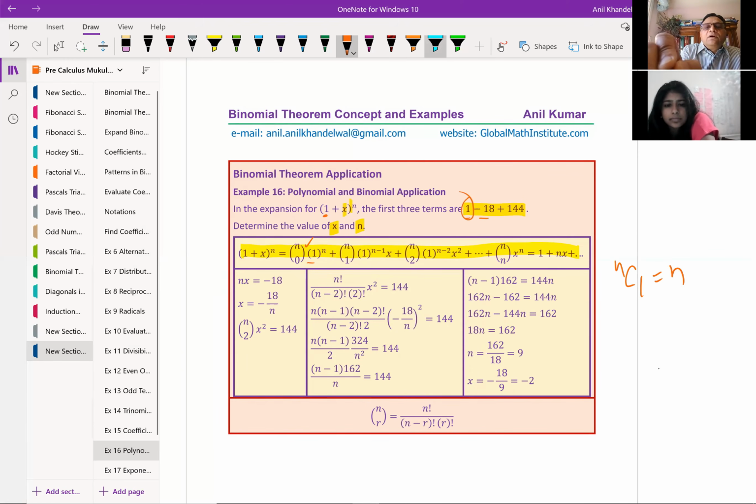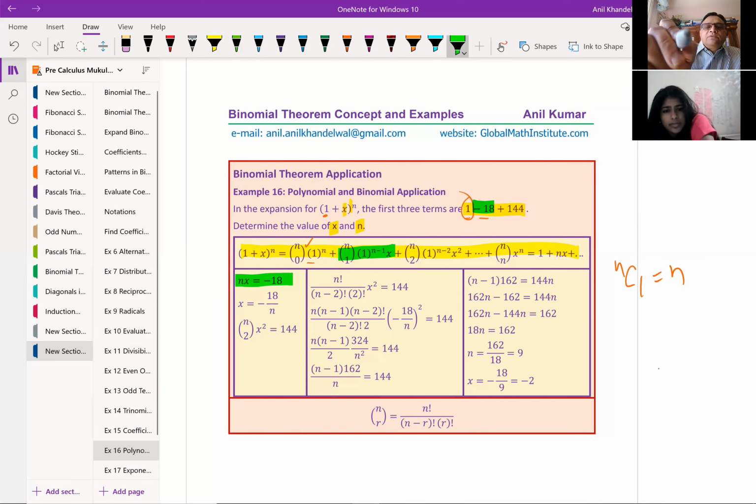So from here, we get our first equation, which is nx equals minus 18. Do you see that? Because this term is nx, right? Now from here, you can write x in terms of n, and then look into the third term.